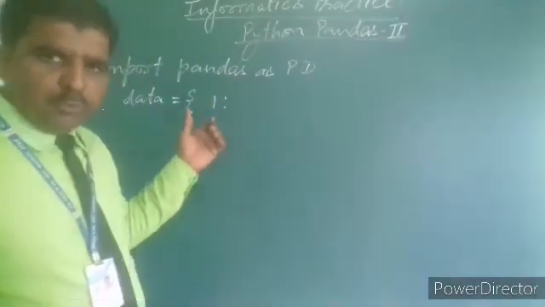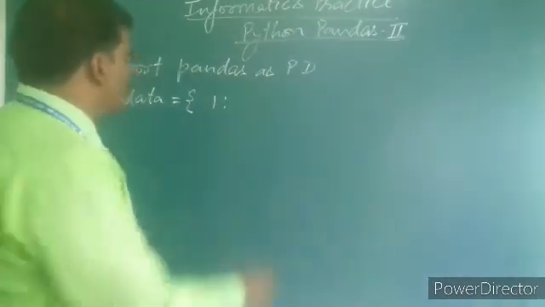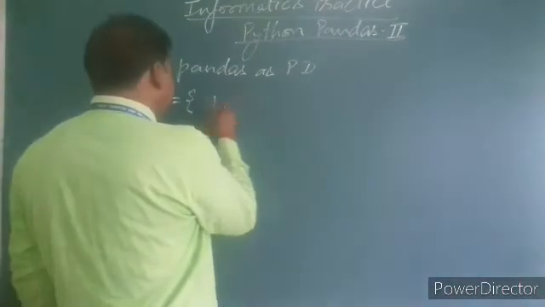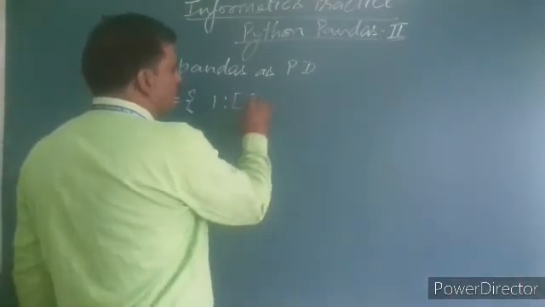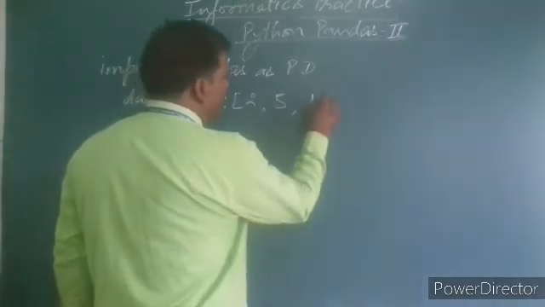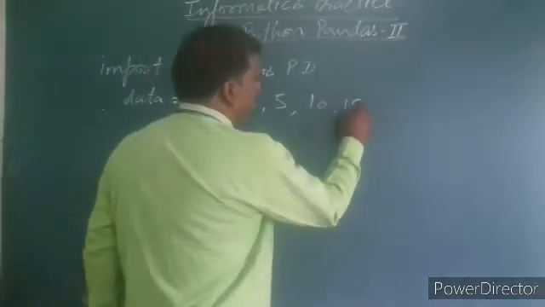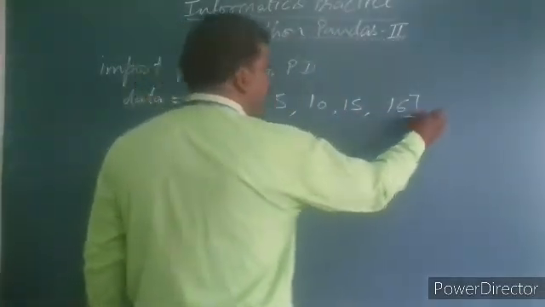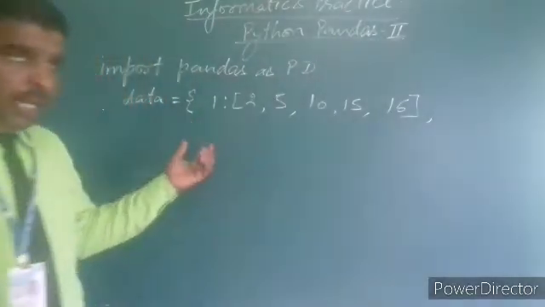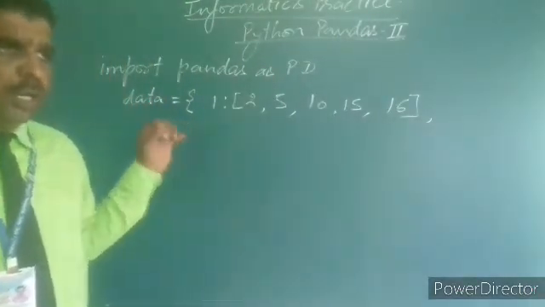As you know, with the dictionary we have to keep keys. So keys we are taking here. After that we are storing elements like 2, 5, 10, 15, 16.